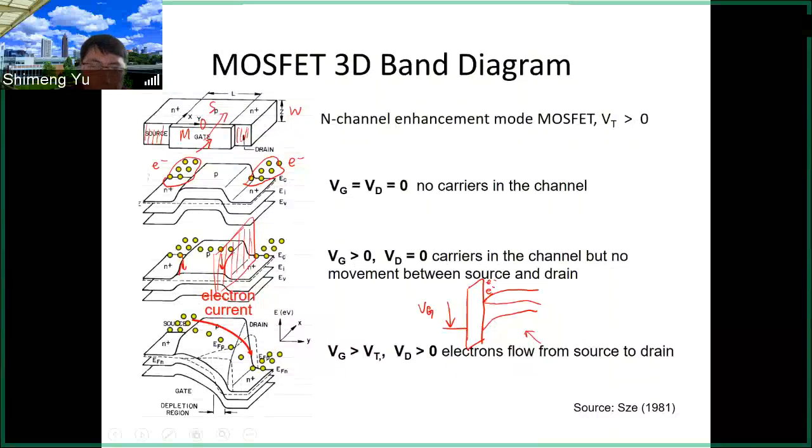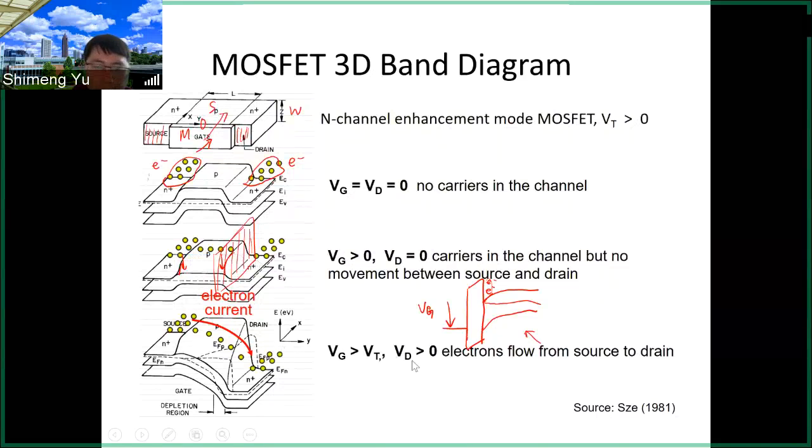So we have electrons basically towards the surface. That is a channel here. So you see you have electrons in the channel. But the electrons will not move because the drain voltage is 0. So you have equal potential, source and drain.